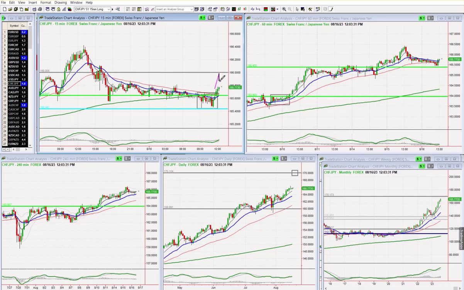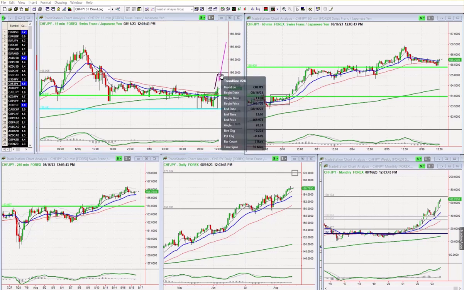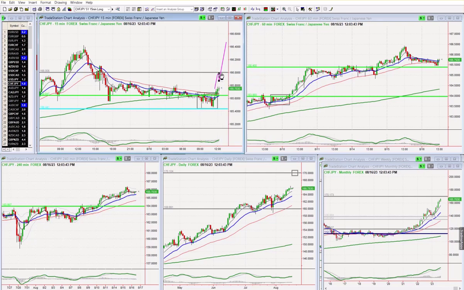What we get typically, well, is a pullback, and then after a pullback, well, we could get to the other levels, right? So it could look something like this, and let's see whether that and how that materializes, if at all.